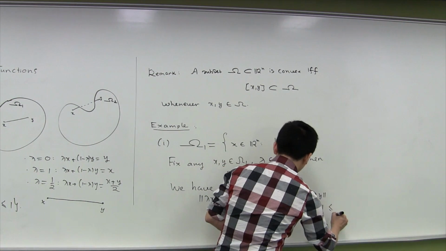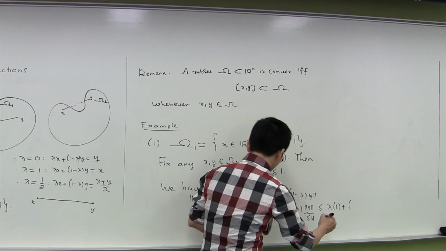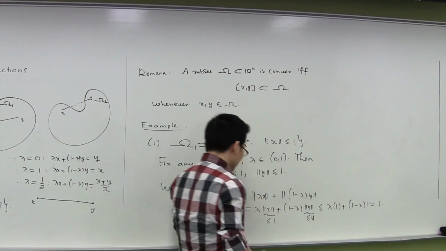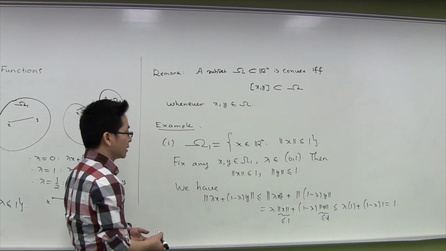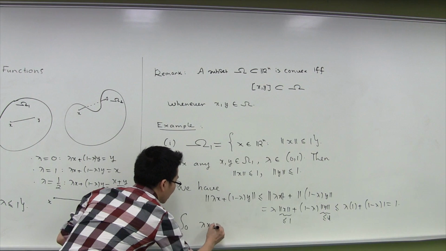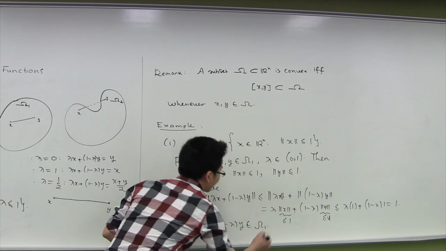Therefore, this is less than or equal to lambda times 1 plus 1 minus lambda times 1, which is 1. So from this argument we see that lambda x plus 1 minus lambda y belongs to the set omega 1.